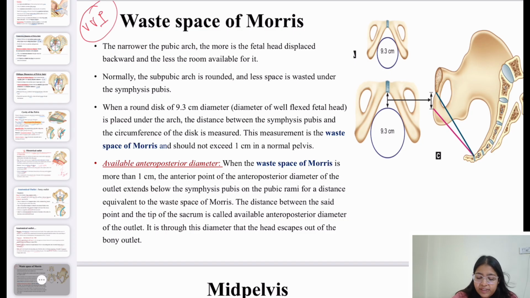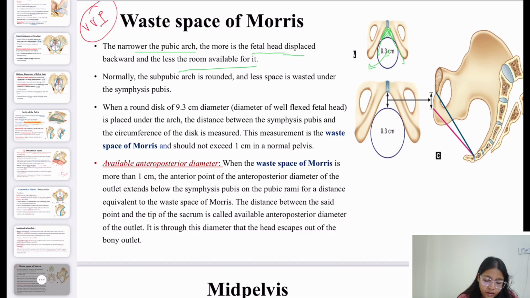So it will come like this, and there will be some waste space between the pubic arch and the fetal head. The narrower the pubic arch, the more the fetal head is displaced backwards, and the less room will be available for it. It will be difficult for the head to come forward, and the room available will also be less for the fetus.